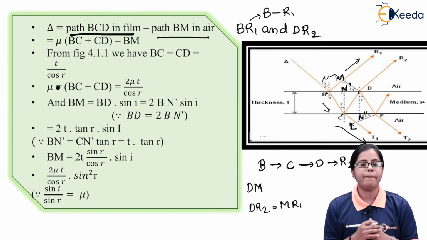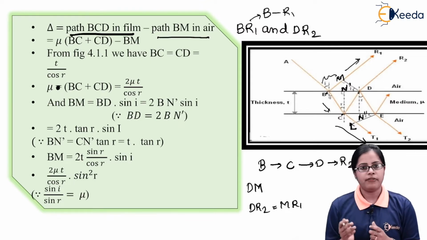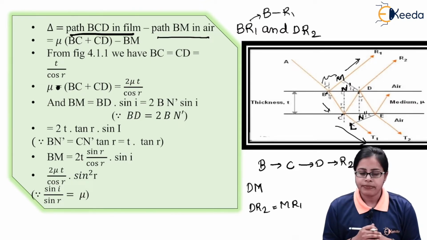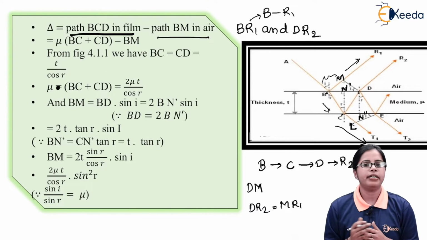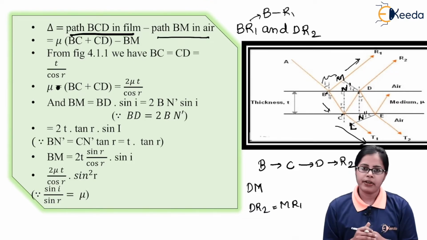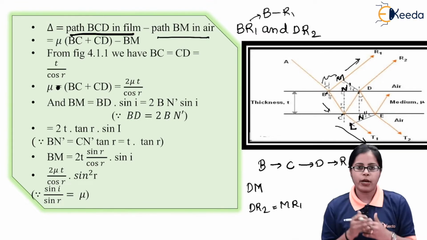But before M, the extra path which has been traveled is nothing but BM. So to get the path difference between the two rays, that is BR1 and DR2, we are dropping a perpendicular. After point D and after point M, the rays are traveling equal path.